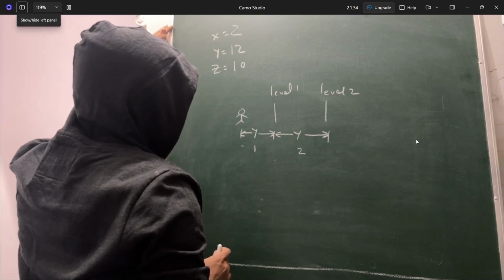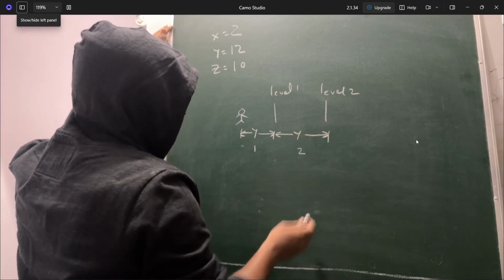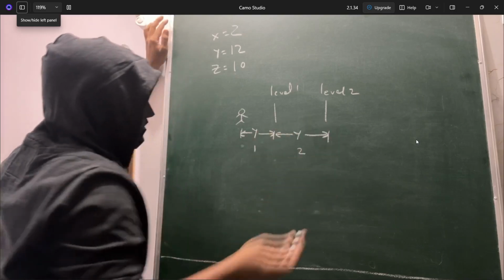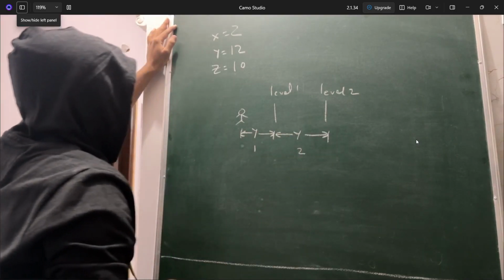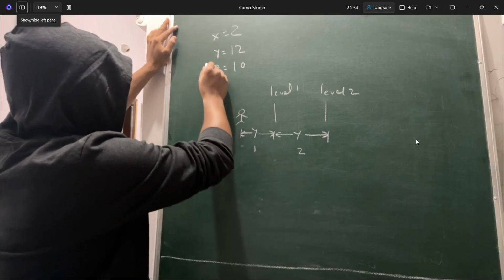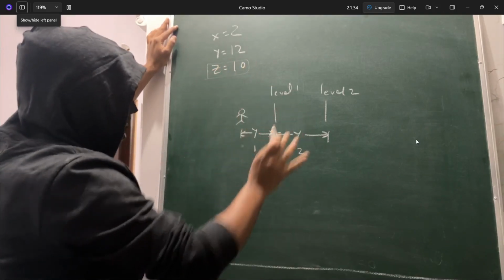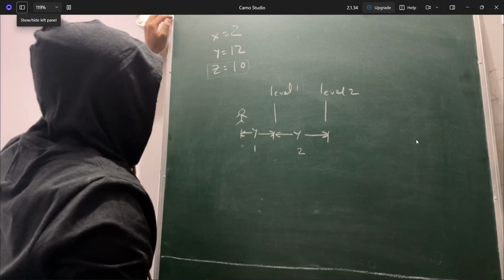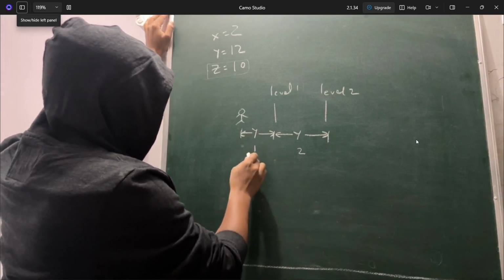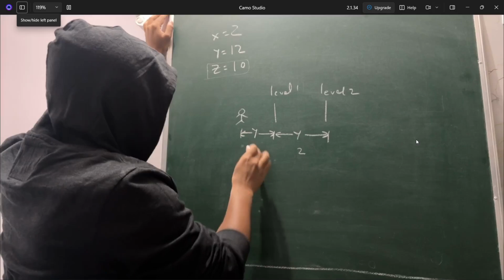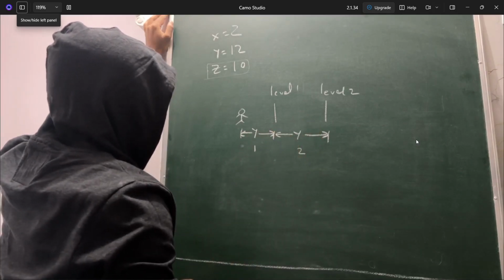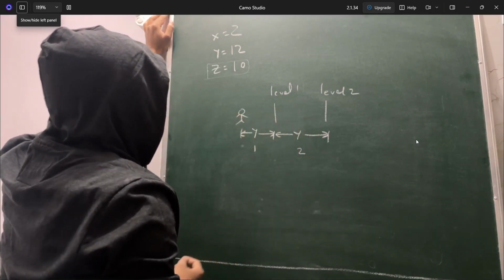If there are any other levels in the coming examples, I'll show that, don't worry. In this example there is no use case of that, but I'll explain it on the second example. Here 2Y time is taken by Chef to complete the remaining 2 levels.